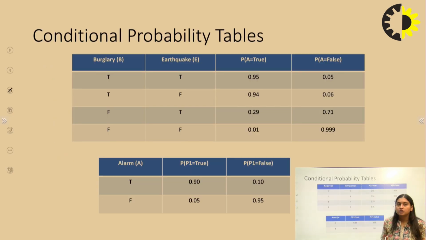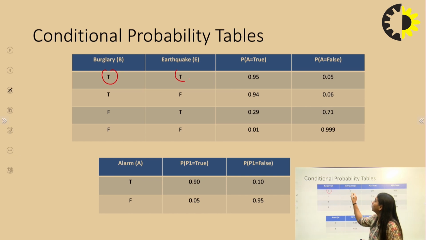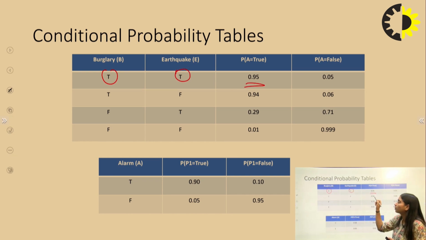Now we have the conditional probability table. It says that if burglary is true and earthquake is true, then the probability that the alarm will ring is 0.95, and if it doesn't ring, then 0.05. Now if the alarm rings, what is the probability that P1 will call? That is 0.90, and if it doesn't call, then 0.10.